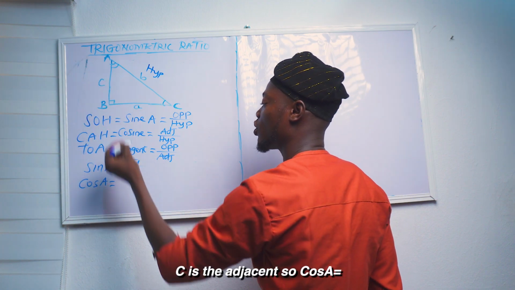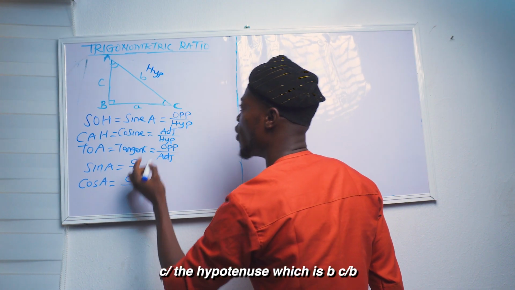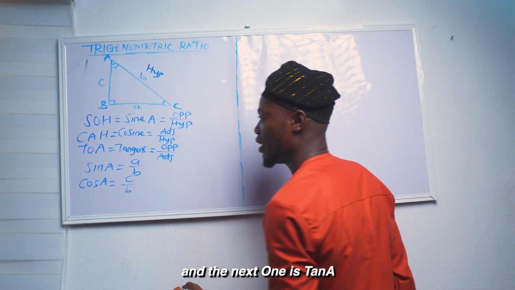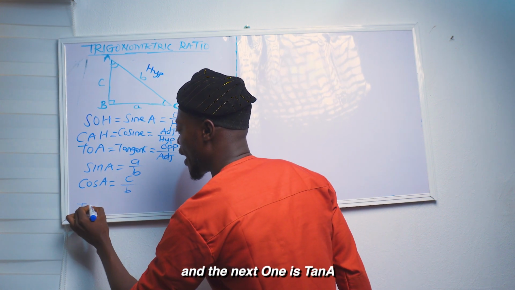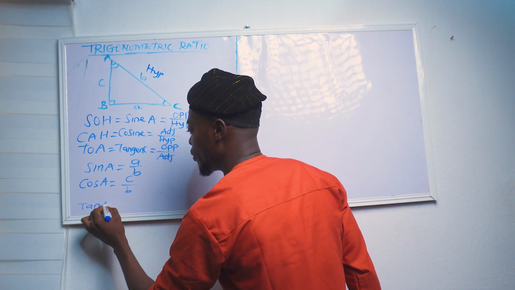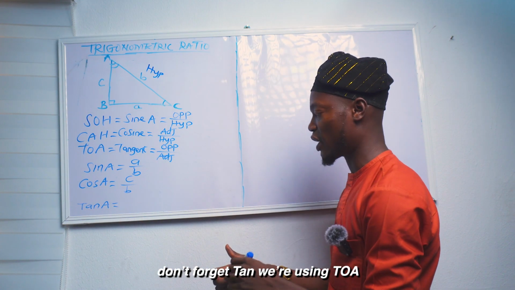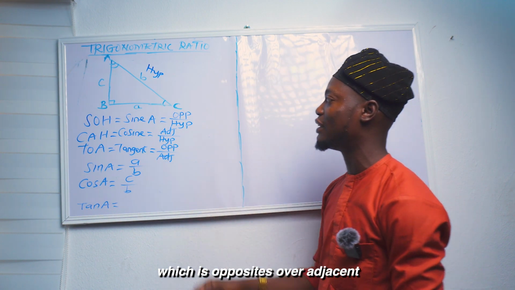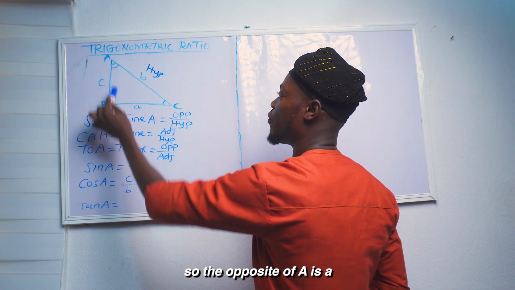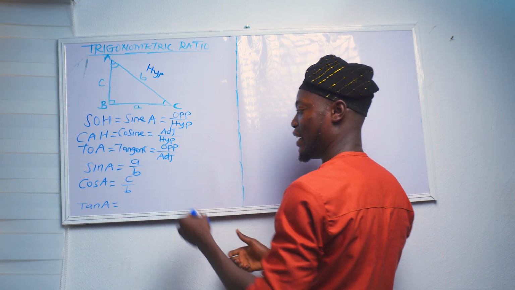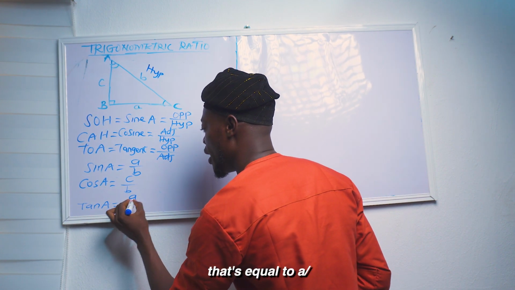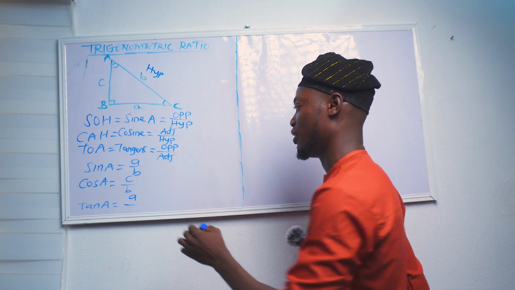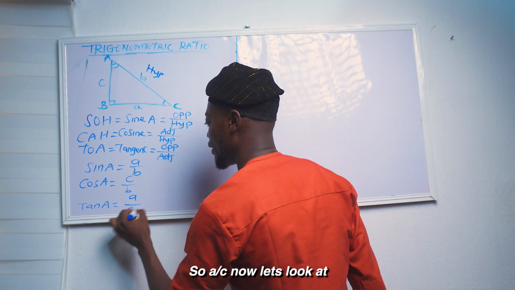So cos A is equal to C over the hypotenuse, which is B. C over B. And the next one is tan A. Don't forget, for tan we are using TOA, which is opposite over adjacent. So the opposite of angle A is A, that is equal to A over the adjacent, which is C. So A over C.